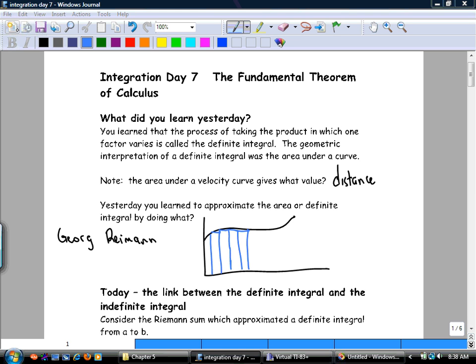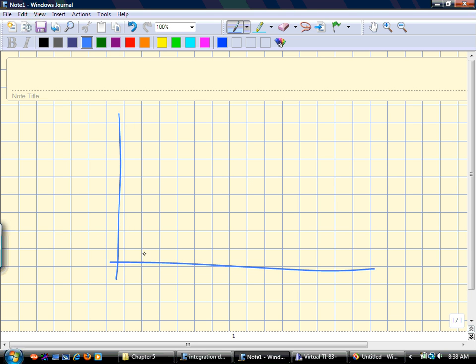Well, it's not so much above or below. Let's just draw a curve. So let's say this is the curve that I want to find the area under. If I say use the right endpoints, watch how I start. See how I'm defining?